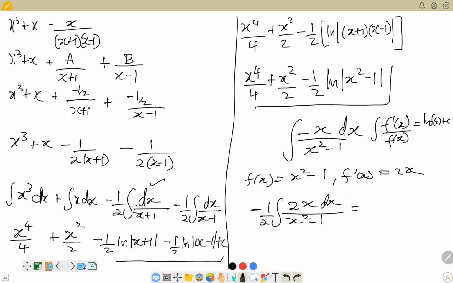Then we can apply the natural log formula, which is going to be ln of x squared minus 1 plus c. And then here we should write our plus c as well. And we can see that this takes us back exactly here. But here we just wanted to carry on with the partial fractions.